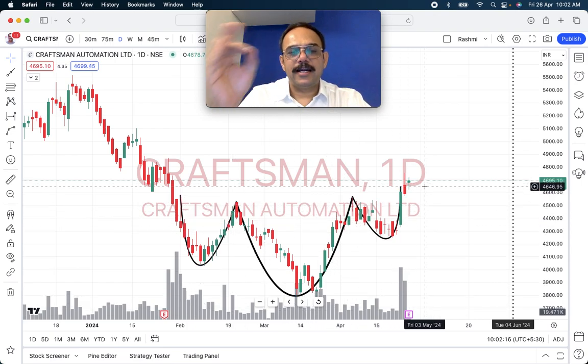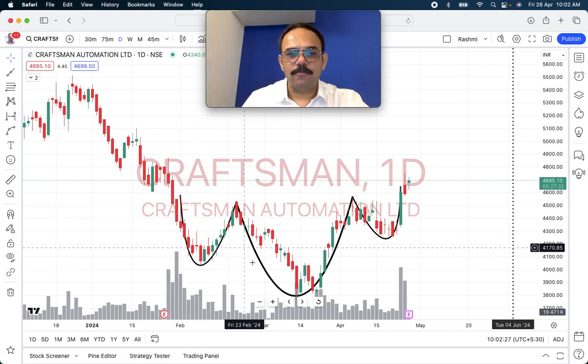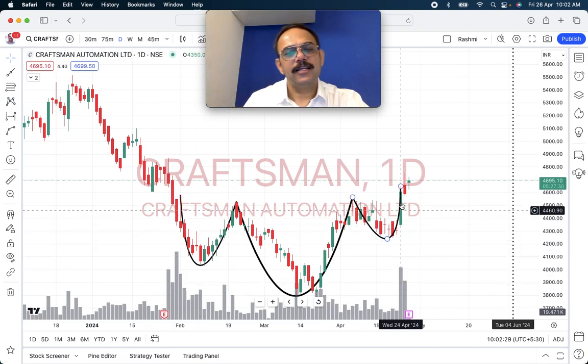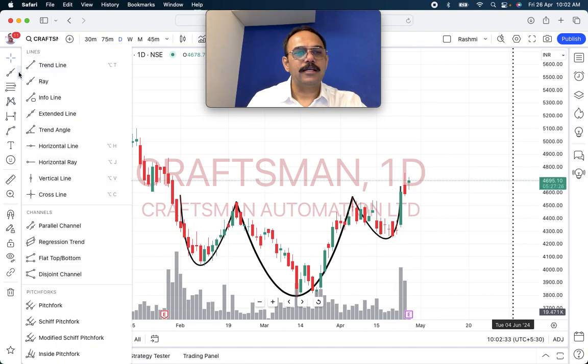A perfect head and shoulder bullish reversal pattern forms after the price has gone on a downtrend. First the shoulder will form, then the head will form, and next shoulder. Then we have to draw a neckline.